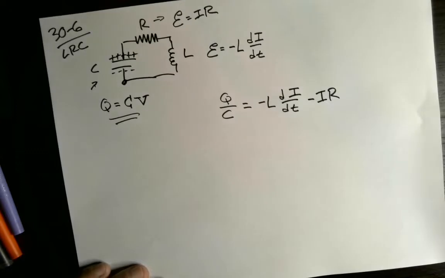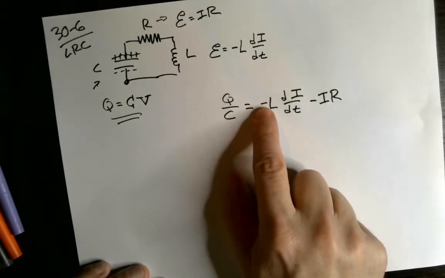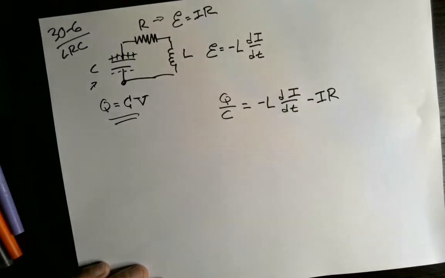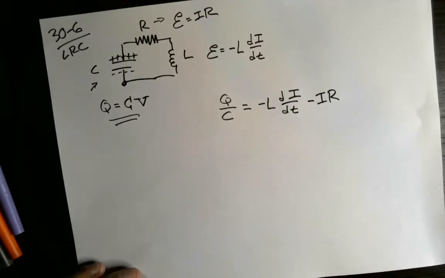The negative sign here is due to the fact that the inductor always resists the rate of change of the current. The negative sign here is because you always have a voltage drop when you go across a resistor.